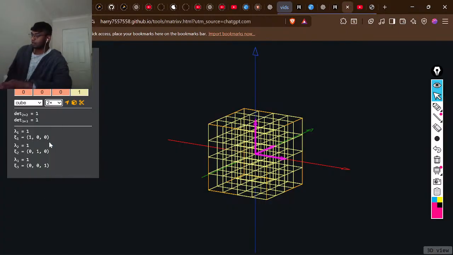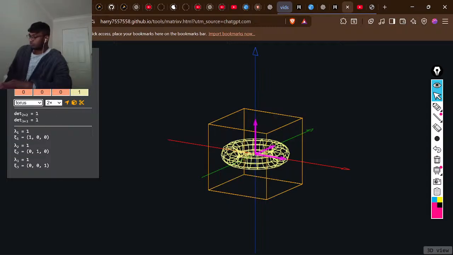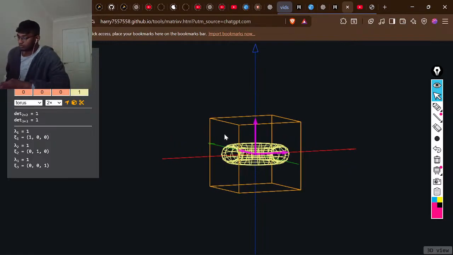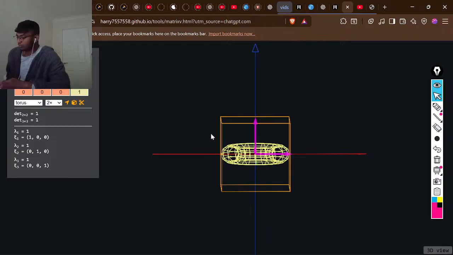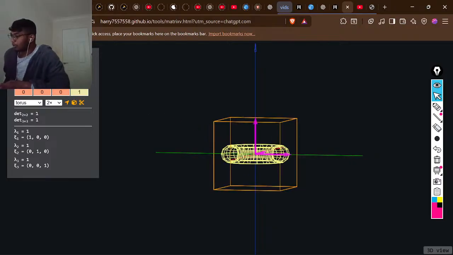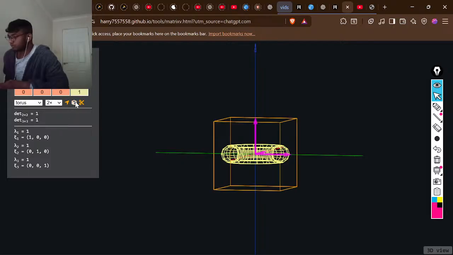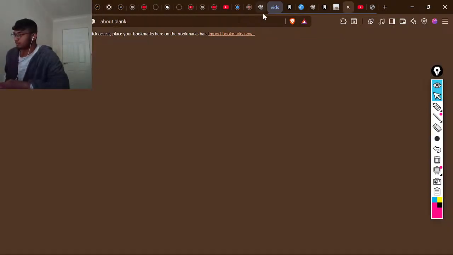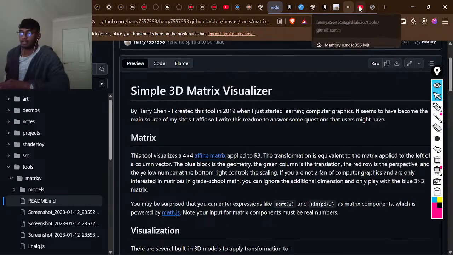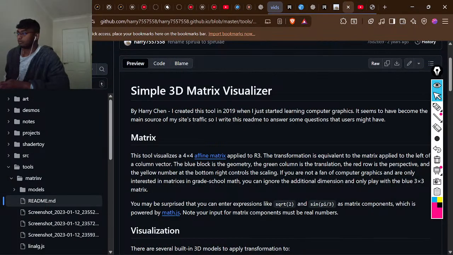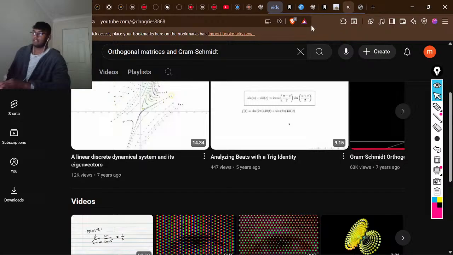2 by 2 Q. I want a 2 by 2 matrix, bro. Don't want this 3 by 3 shit. Oh, fuck's sake. Brother, give me a 2x2 matrix.